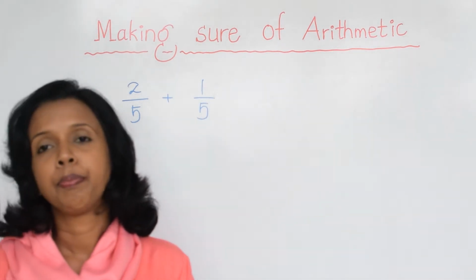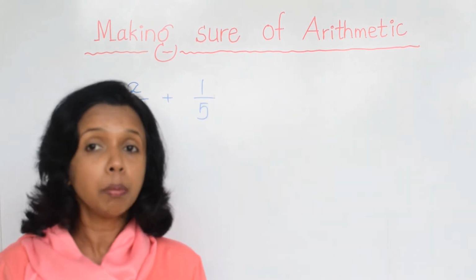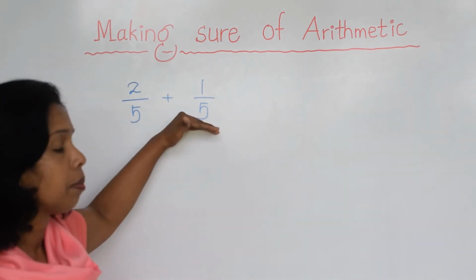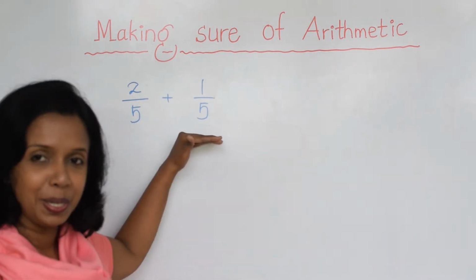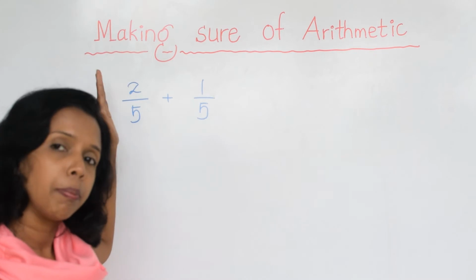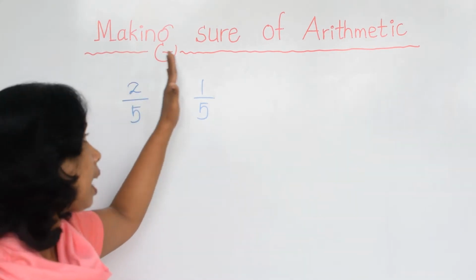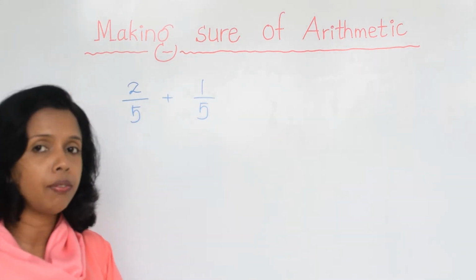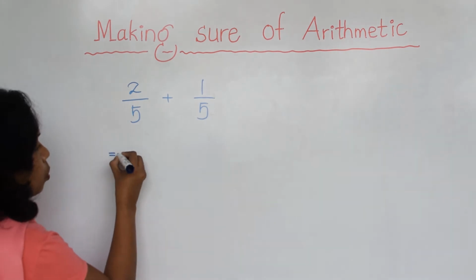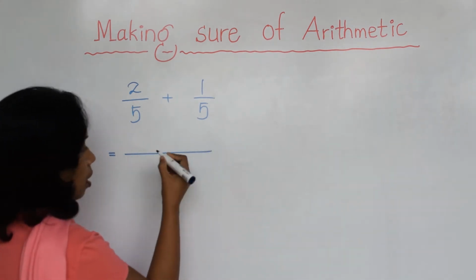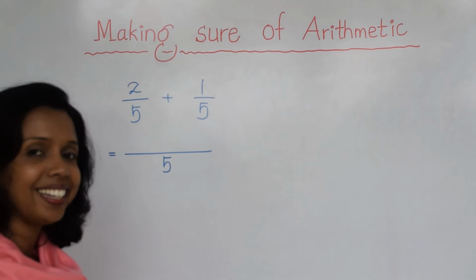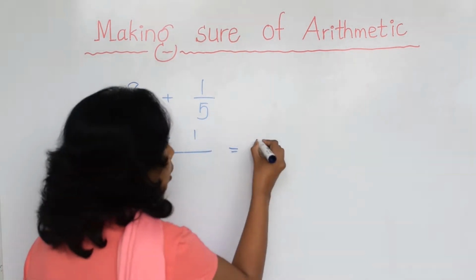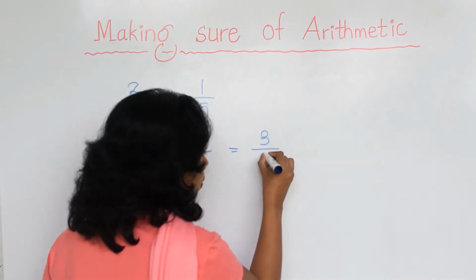Now altogether, the portion both of us had, how do you find it, children? We are talking about the same cake, that is the same denominator, right? My brother had 2 pieces and I had 1 piece, and altogether we had 3 over 5, right?